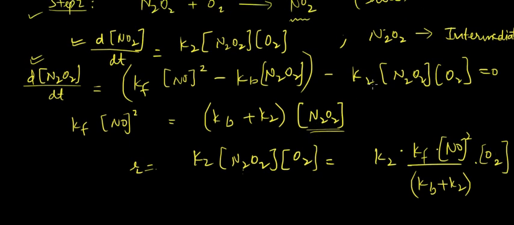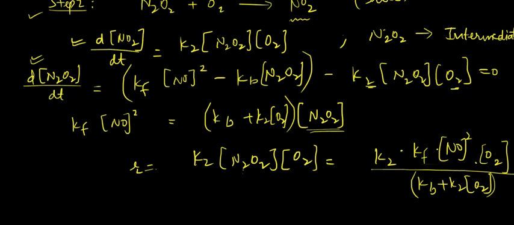By the way, this is K2 times O2 also here. So this is the rate which we get from the steady state approximation method.